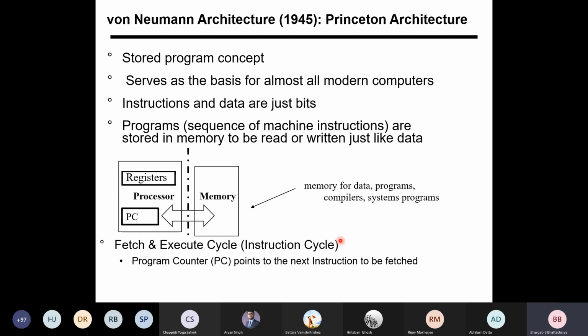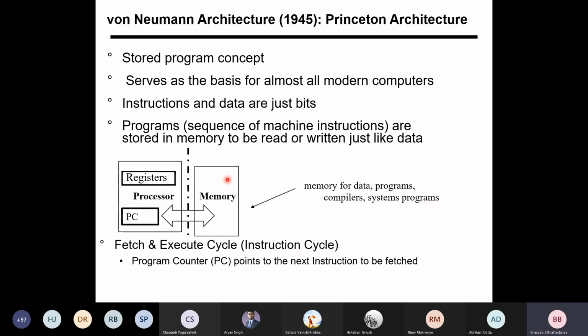We'll discuss that. And there would be a special counter here, which is called the program counter, PC. And the PC points to the next instruction to be fetched from the memory. So initially the PC is loaded with the address of the first instruction which is stored in memory. Because fetching data as the first operation does not make any sense.